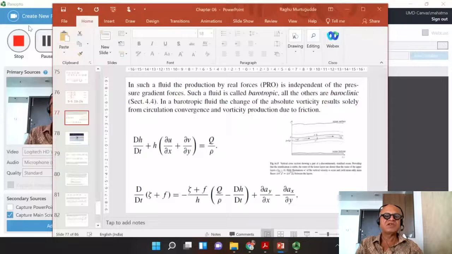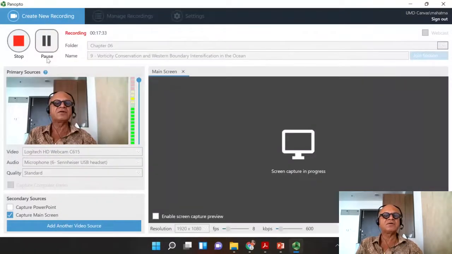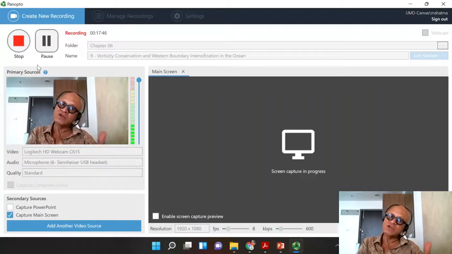So it's a very nice story and a very important story, the most important concept in large-scale ocean circulation in terms of western boundary intensification in the surface layers: Kuroshio, Gulf Stream, East African current in the Indian Ocean, East Australian current in the South Pacific, and Brazil-Malvinas current in the South Atlantic, and so on.